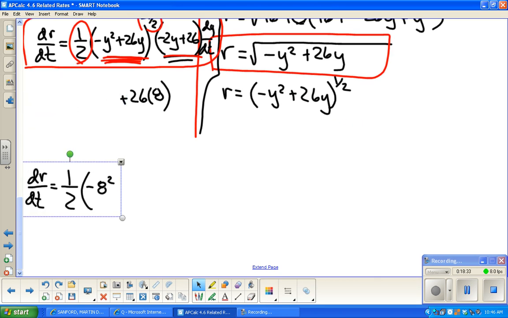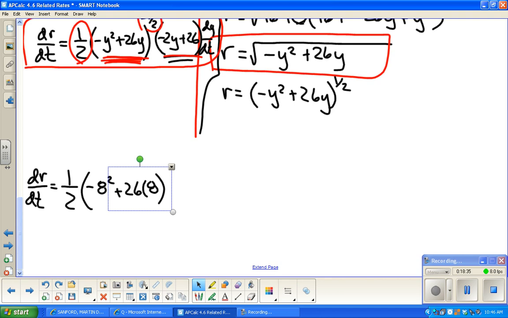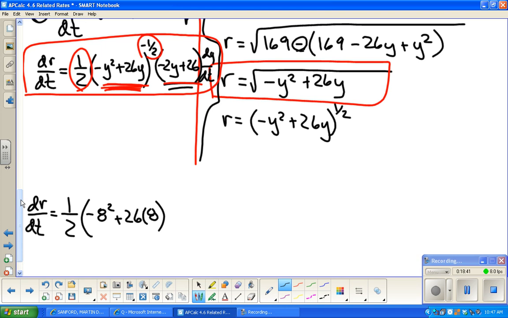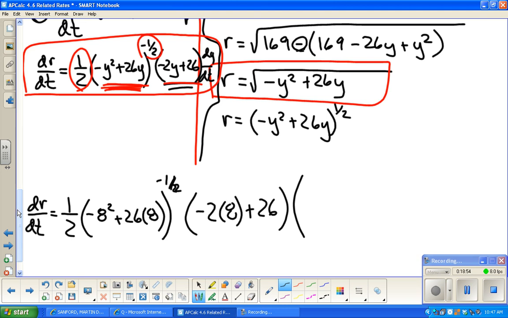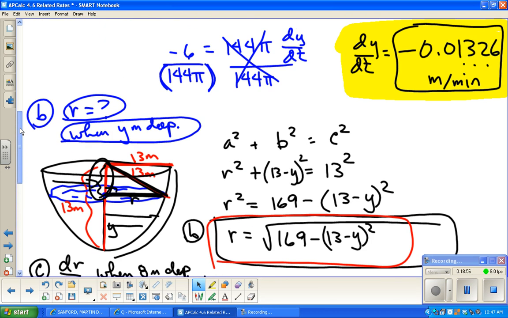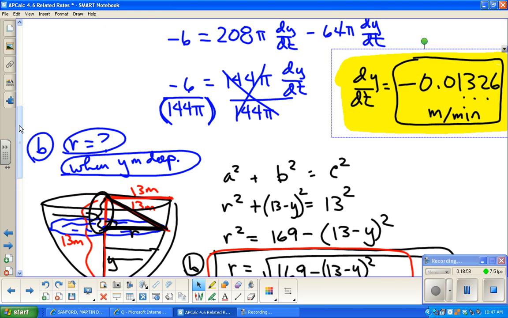Following the formula here. So that's all to the negative 1/2 power, which we'll be able to just type into our calculator, times negative 2 times 8 plus 26. And then dy dt, remember, was this number right here.